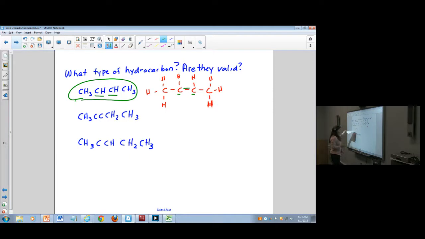So let's look at this structure. It has 5 carbons. 1, 2, 3, 4, 5. So let's put 5 carbons down here. 1, 2, 3, 4, 5. And we know that these outer carbons have hydrogens. It says so. And just to make our life easiest, we'll leave everything in the same order. That means this carbon has 2 hydrogens.